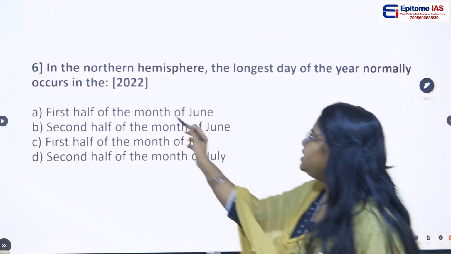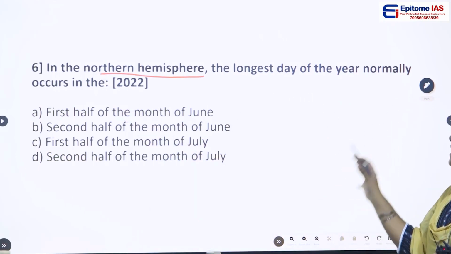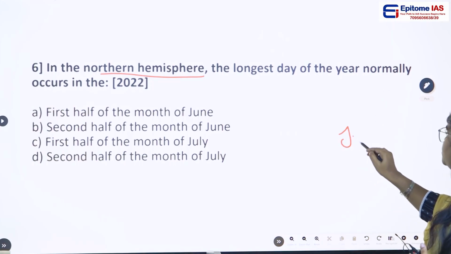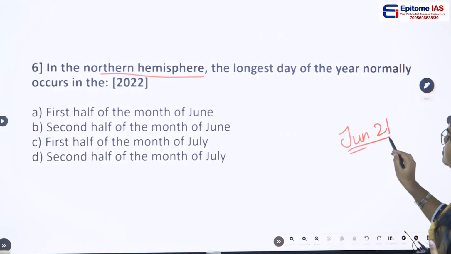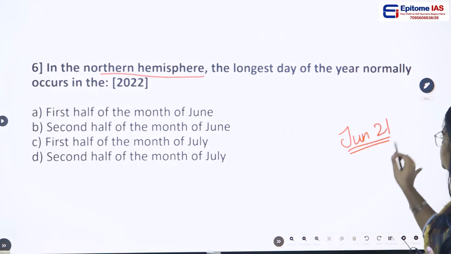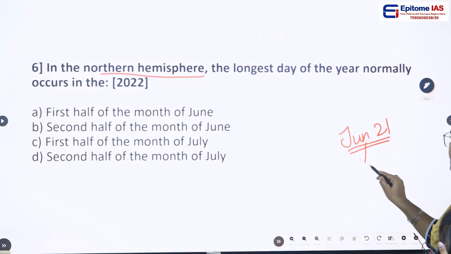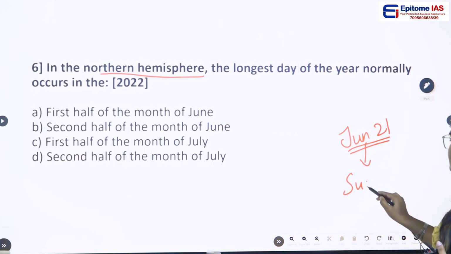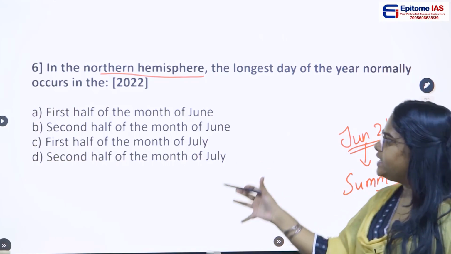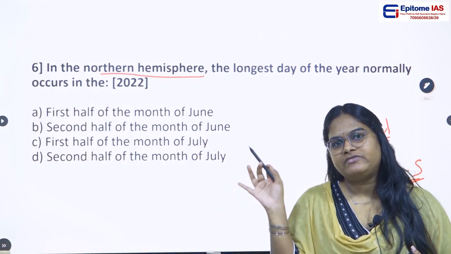In the northern hemisphere, the longest day of the year normally occurs, as we just saw, on June 21, sometimes June 22, but mostly June 21. This day is called the summer solstice. Why? Because the direct sun rays fall on the Tropic of Cancer.